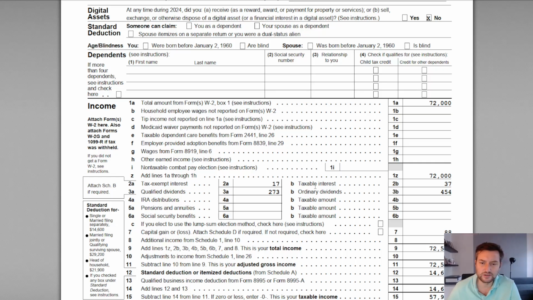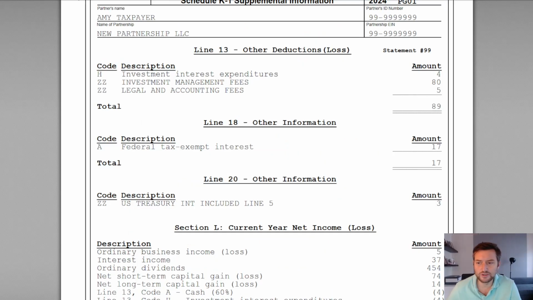The other thing to consider is if it's municipal bond interest, but it's private activity bond interest, still exempt from federal income taxes, but you require an alternative minimum tax adjustment, an AMT adjustment. So that's another thing to keep in mind. No indication on this K-1 whether this is private activity bond interest, so not much we can do there.